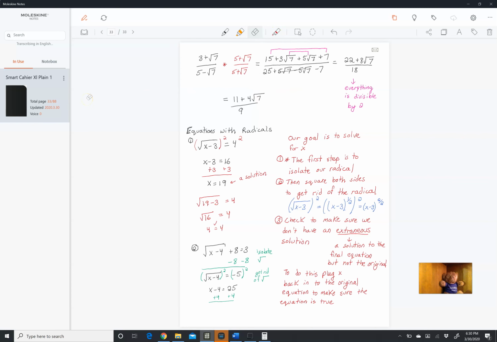Square both sides to get rid of the radical and solve for x. Seems kind of intuitive that you would solve for x before checking for an extraneous solution, but I just want to be really clear here. So we get that x is equal to 29.